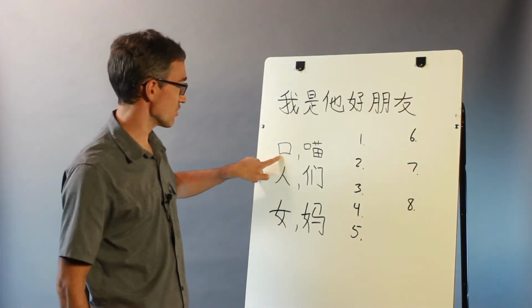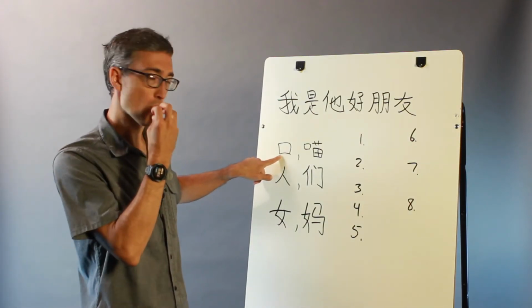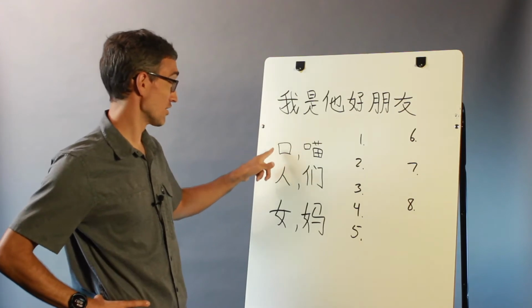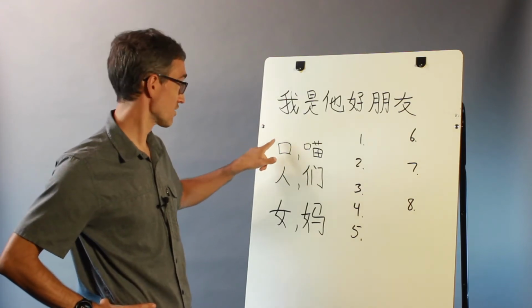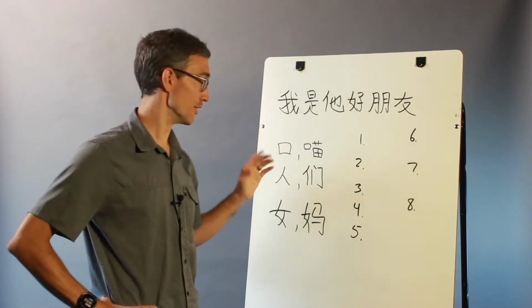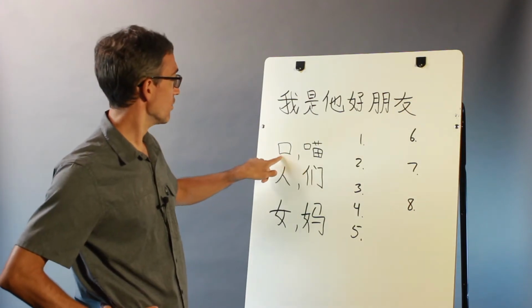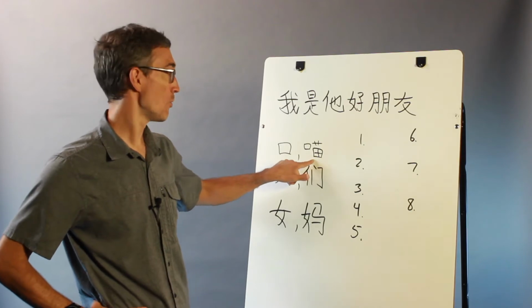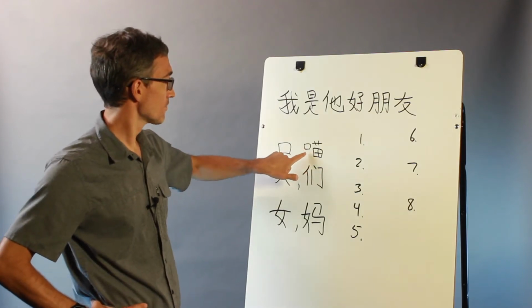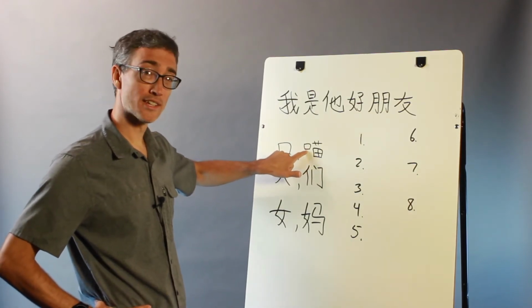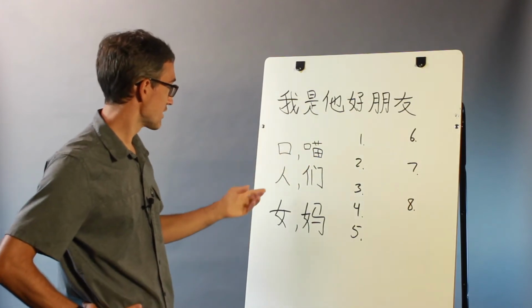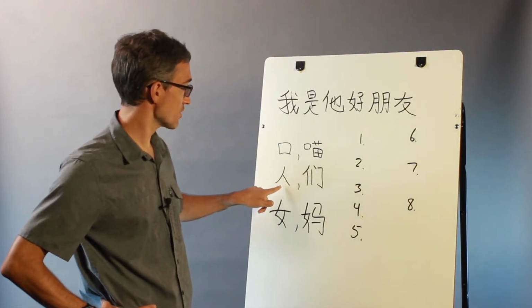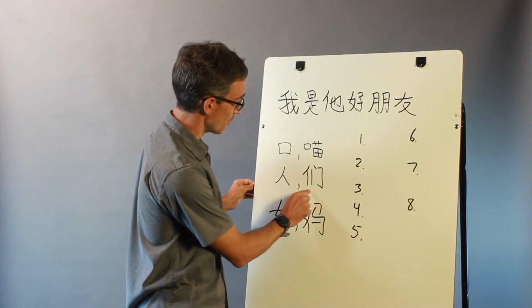This one right here is kou. It means mouth. And it actually looks a little bit like a mouth. If you imagine this square becoming a circle, it looks like a mouth. And so this character here, which is actually the sound a cat makes, meow, the kou is the radical of this character. Same thing here. You have ren, which means person, and then on this character, the radical is right here.